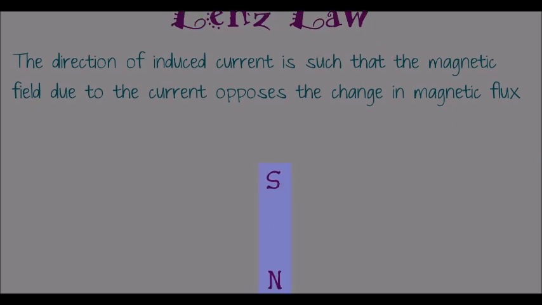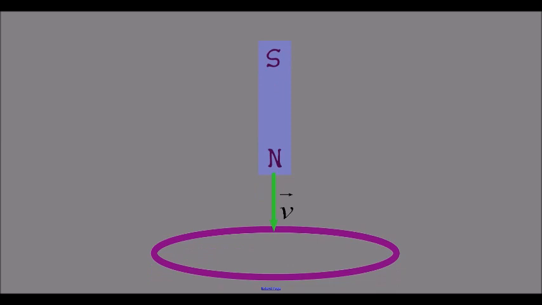So let's say that we have a permanent magnet with its set north and south pole, and that permanent magnet is traveling toward this loop that's made of conducting material. We want to figure out whether that current induced would be clockwise or counterclockwise when viewed from above.